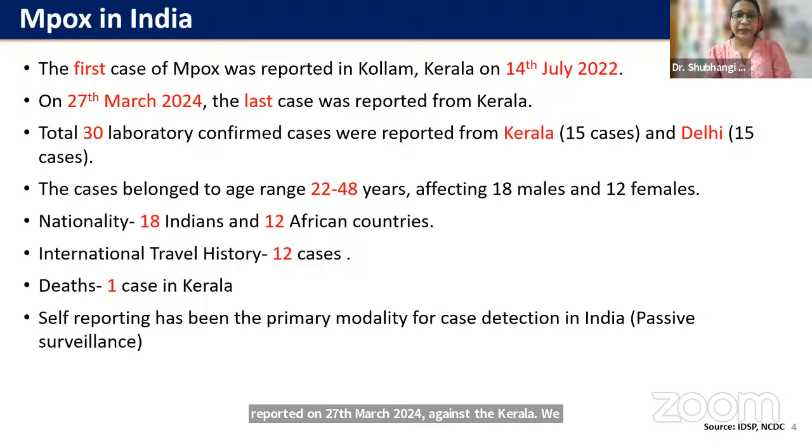We have reported 30 laboratory confirmed cases, of which 15 were from Kerala and 15 were from Delhi. The age group was 22 to 48 years, affecting 18 males and 12 females. By nationality, 18 were Indian, and 12 were from African countries. Out of all these 30 cases, 12 had a history of international travel, and one death was reported from Kerala.